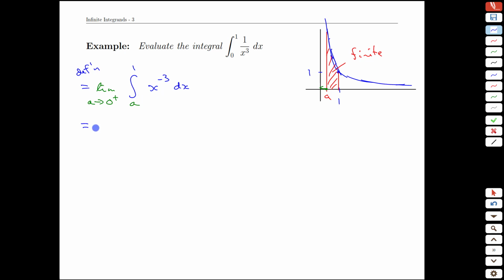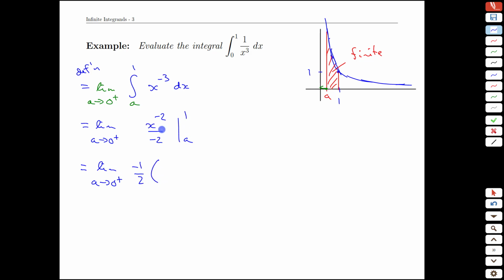We're ready to integrate now. We copy the limit down. That'll be the last thing that we apply. If we have x to the negative 3, we add 1 to the power, divide by the new power, and evaluate that between 1 and a. Take the limit again. This is negative a half. This time we have 1 over 1 squared minus 1 over a squared, the negative power, sometimes easier to visualize or compute with if we write it as a denominator. And then we're done the integration. We're ready to assess what happens as a approaches 0.